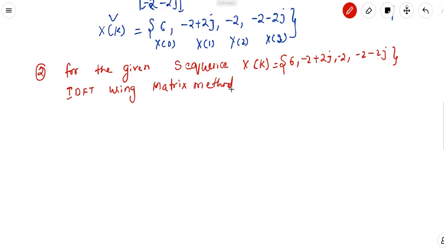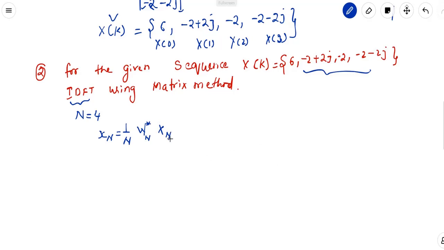First, what is the value of N here? From this I can make out the value of N is 4. We have 4 values, so N is equal to 4. So what is the equation for the matrix? We are calculating IDFT, so x of n is equal to 1 by N, the twiddle factor matrix W_N, times X of k.